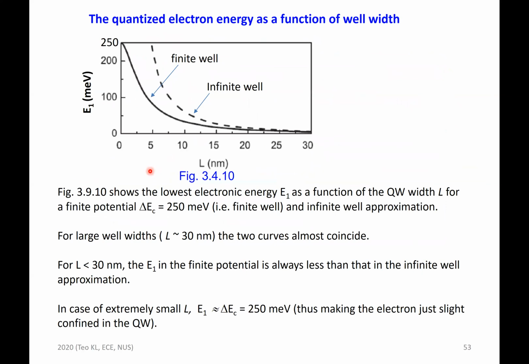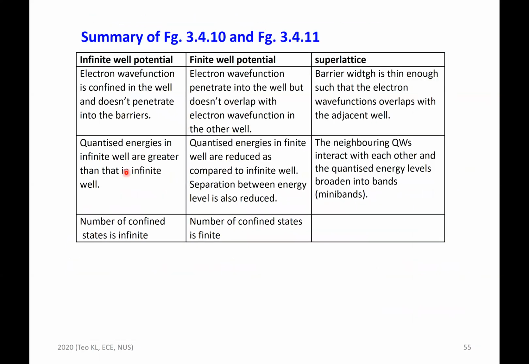So it's in this case. The quantized energy for the infinite well is greater than the finite well. The quantized energy in the finite well is reduced as compared to the infinite well, and also the separation between the energy levels is reduced.